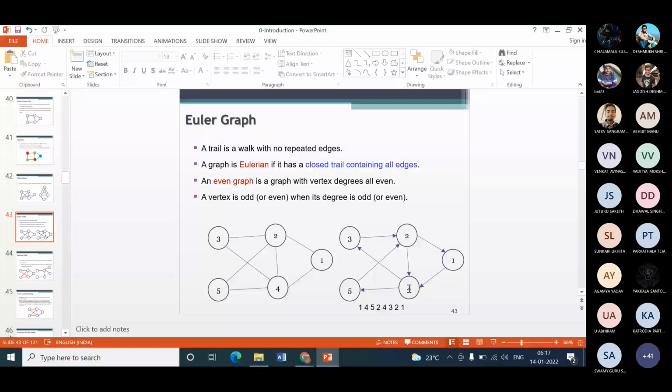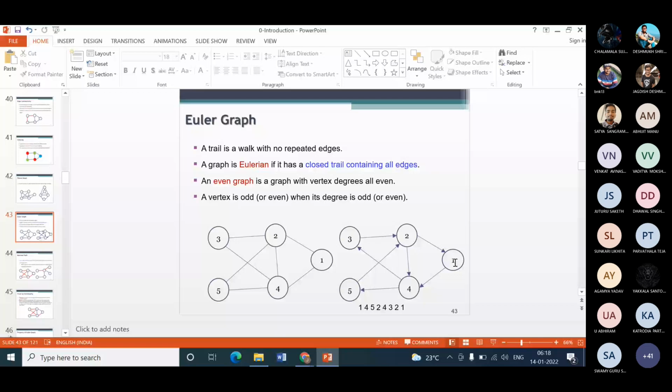So I started from 1, went through 1 4, then in 4 I enter through 1 4 and leave through 4 5, in 5 I enter through 4 5 and leave through 5 2, in 2 I enter through 5 2 and leave through 2 4, in 4 I enter through 2 4 and leave through 4 3. In 3 I am entering through 4 3 and leaving through 3 2, and in 2 I enter through 3 2 and leave through 2 1. It was the first vertex.